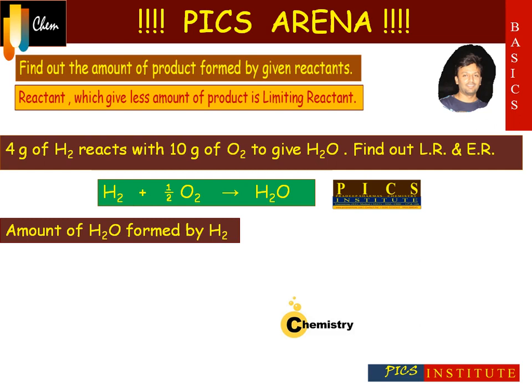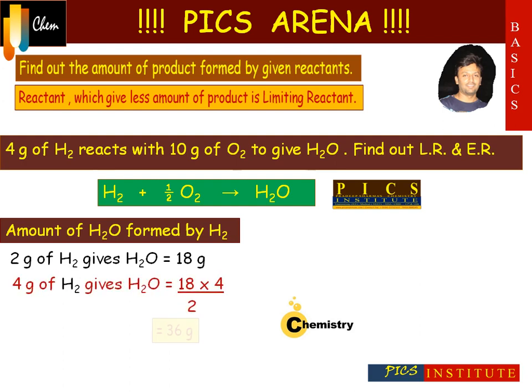From the reaction we can say 2 gram of hydrogen gives 18 gram of water, and 4 gram of hydrogen will give 36 gram of water. So the amount of water formed by the given amount of hydrogen is 36 gram.